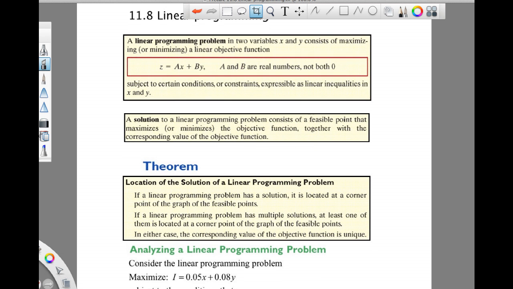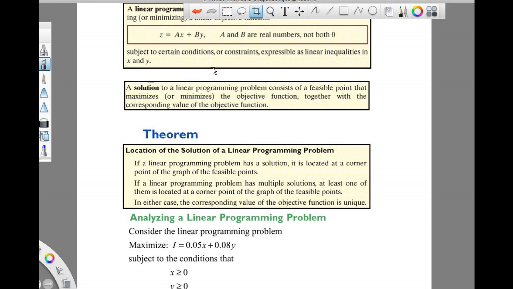So solutions to a linear programming problem consist of a feasible point that maximizes or minimizes the objective function. So we're going to try to get a maximum or a minimum, and we're going to do this by solving systems to create these corners that we worked on, and the corners allow us to evaluate this function that is given to us.